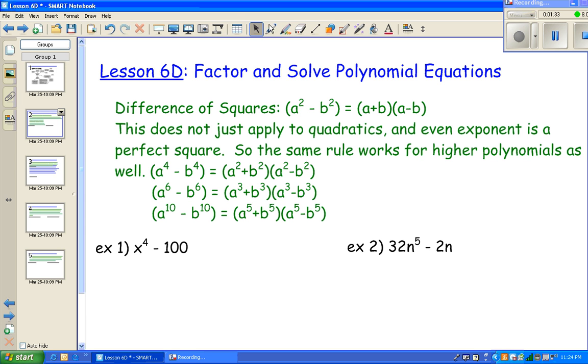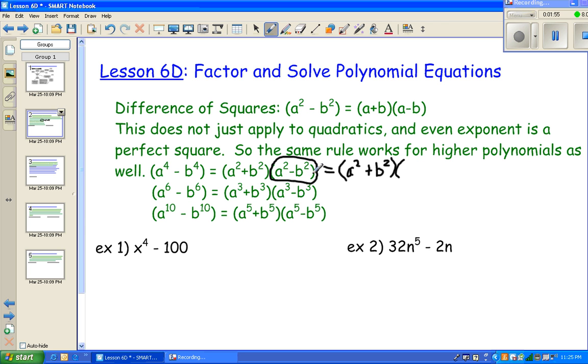For example, this one right here is still a difference of squares, so it would actually have another step involved. And so you would keep that a squared plus b squared, because you can't do anything else with that.